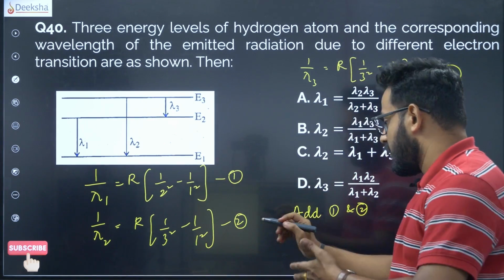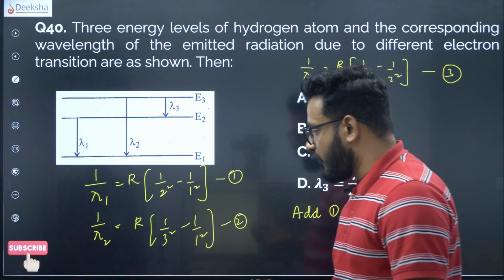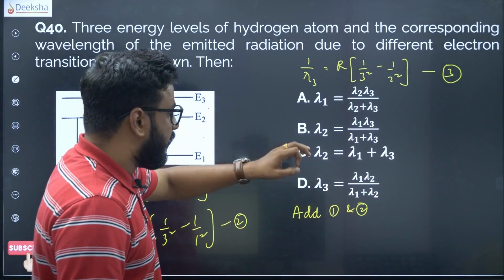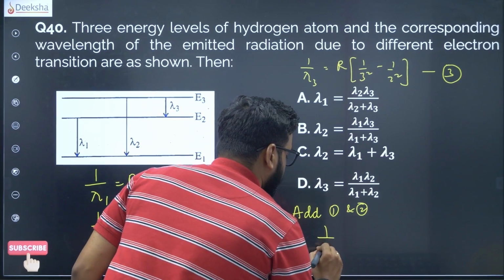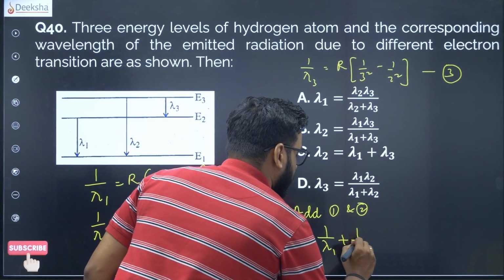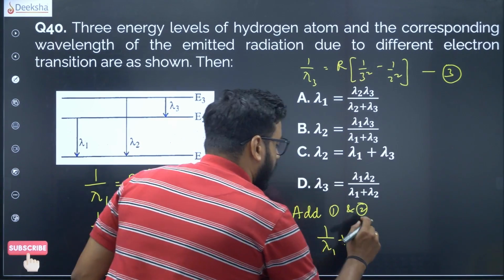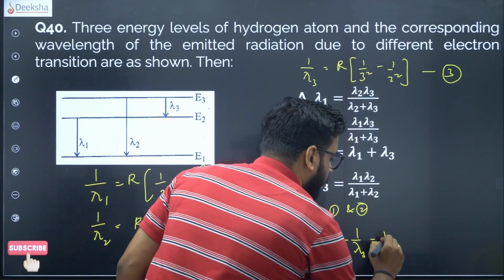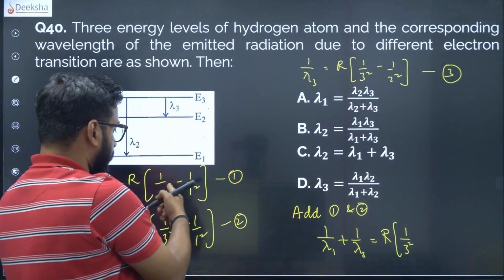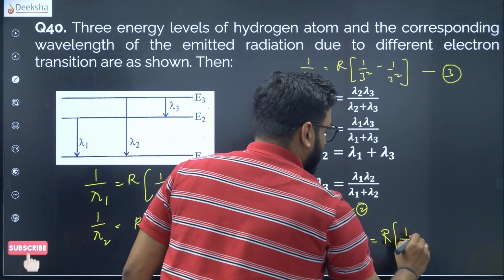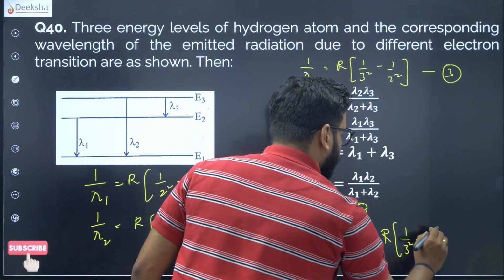Just do it yourself, perform it, and if you have any difficulty, please let me know. So adding both, the LHS will be 1 by lambda 1 plus 1 by lambda 3, and the RHS will be, R is common, 1 by 3 square will remain, minus 1 square, as the 2 square terms cancel.